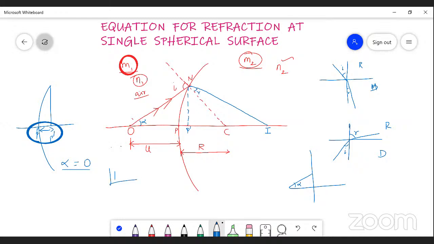Angle NOP is equal to alpha. In our convention, that's why P and P dash are almost equal. You know well the sign conventions, and values of P and P dash are all measured from the pole point of the surface.